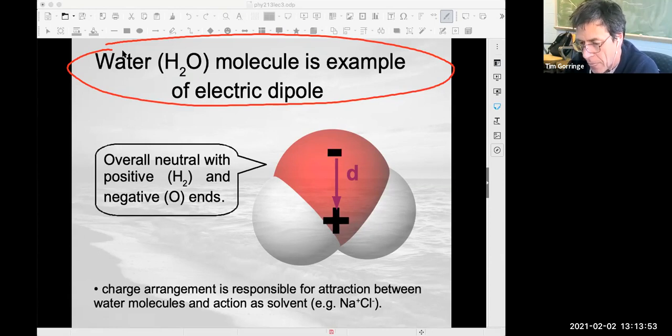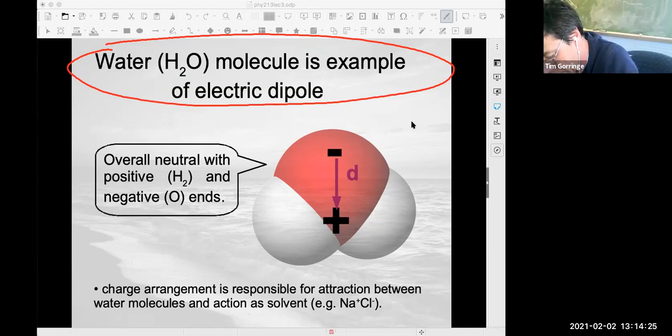So the water molecule H2O is famous as what we call an electrical dipole. The water molecule H2O is overall electrically neutral, but it has a positive end and a negative end. The positive end is the hydrogen atom end, and the negative end is the oxygen atom end. And I pictured that here.